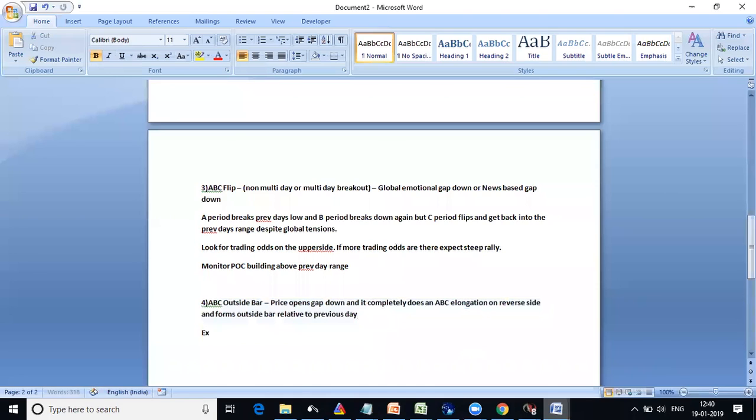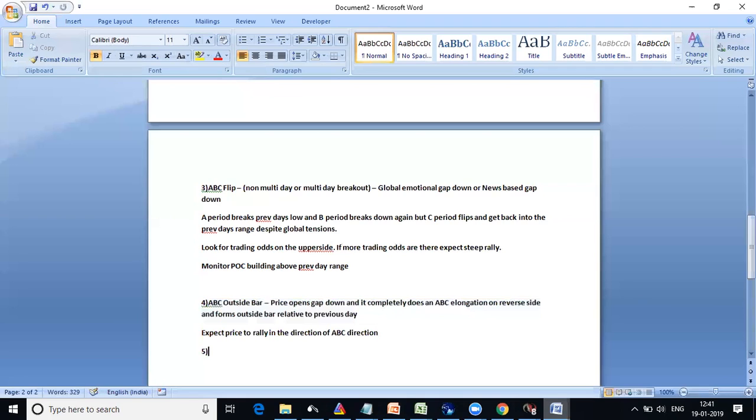So here, expect price to rally in the direction of the ABC. Whichever direction the ABC is going, go in that direction for the remainder of the day.